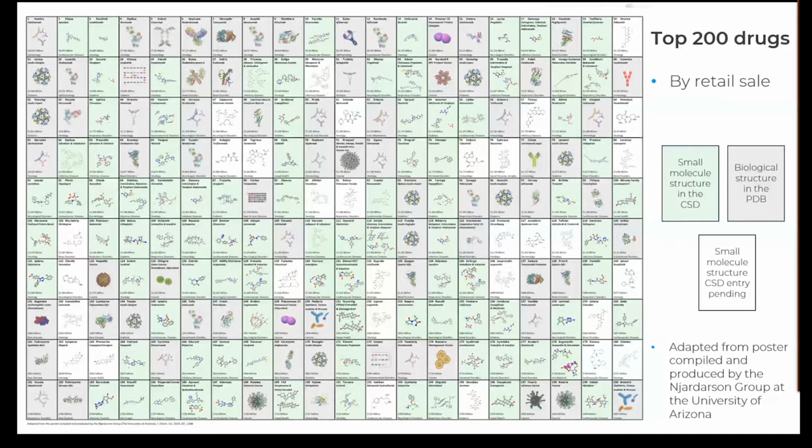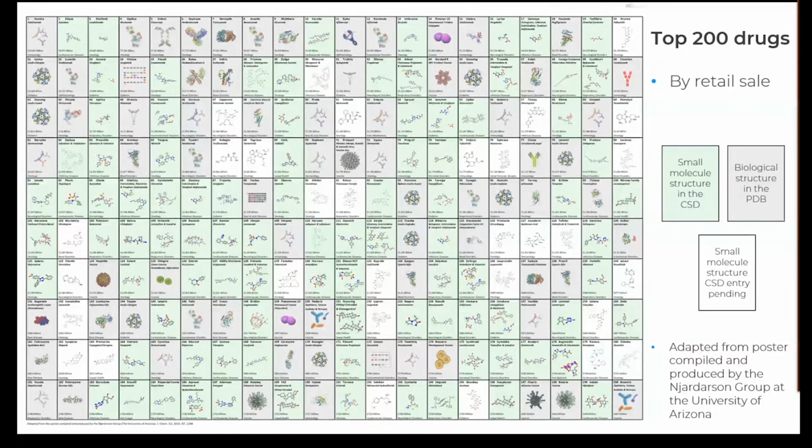But we've also got other subsets like the COVID-19 subset. If we have a look at some of the drugs in the CSD, we can do this by looking at the top 200 drugs by retail sales, which was a poster compiled at the University of Arizona in 2018. On this poster, the top 200 drug structures which are also in the CSD are listed in green.